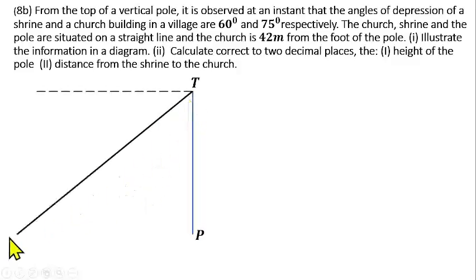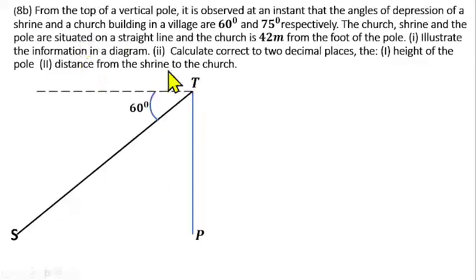If we look down like this, that should give us 60 degrees from the initial sight to this new sight. This is the shrine on the floor, so the angle here will be 60 degrees, which is the angle of depression. Do you understand that?